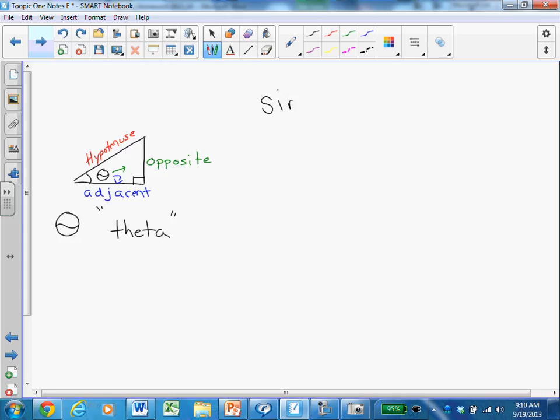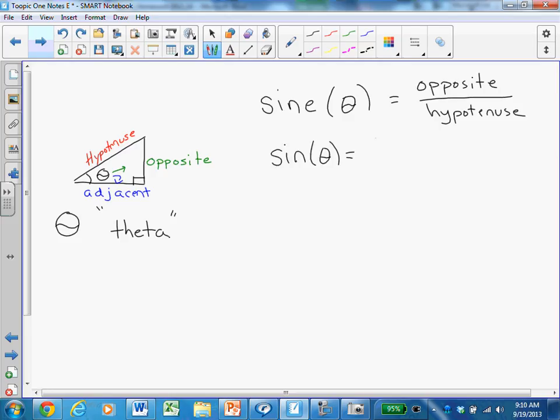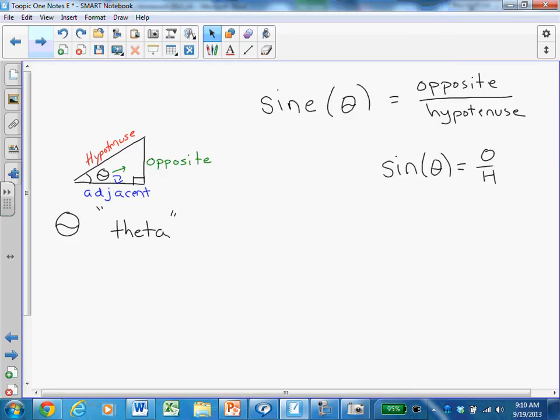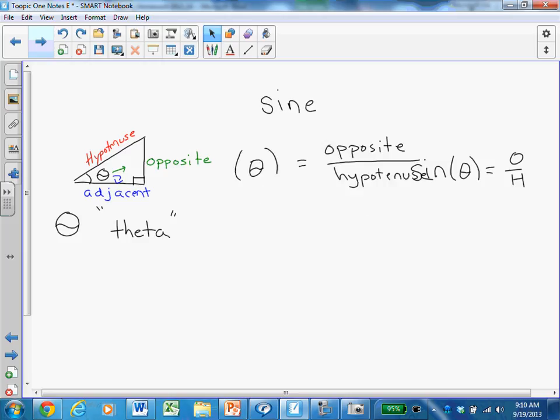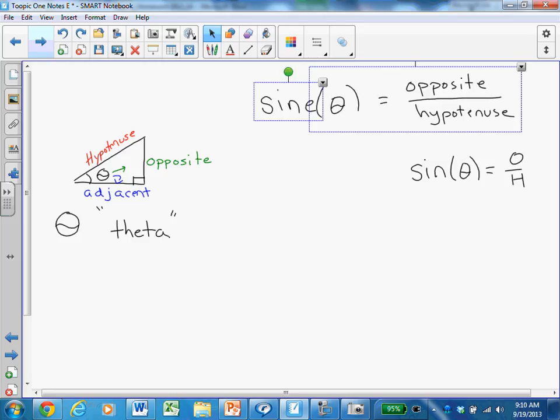We call it sine theta, but we abbreviate it. That equals the opposite side over the hypotenuse side. It's abbreviated sin theta equals O over H. So here's the long form, and that's the short form.